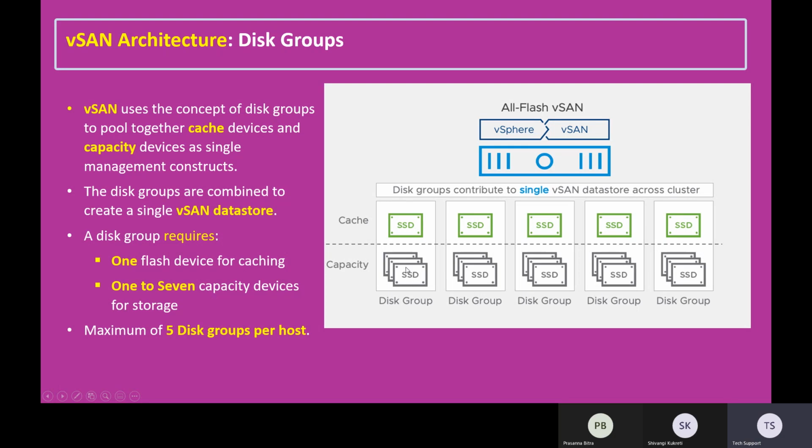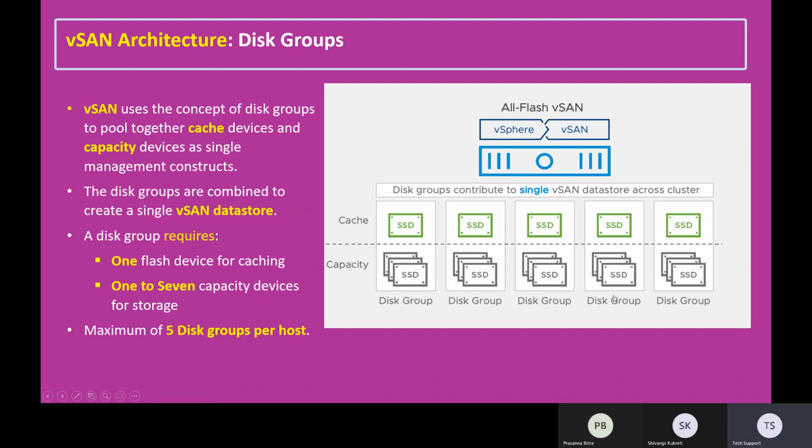Maximum we can use 7 SSD drives for the capacity tier. One SSD is like, even in our laptop we can have one memory RAM card, and we can add multiple hard disks. Same concept here also. And within one ESXi host, how many disk groups can we create? We can create a maximum of 5 disk groups.